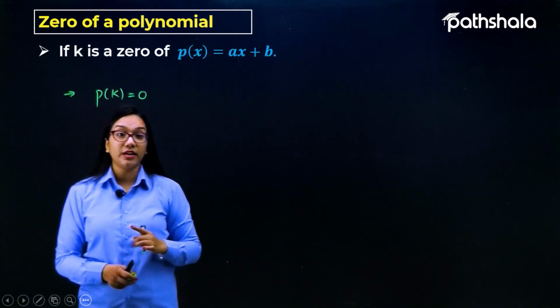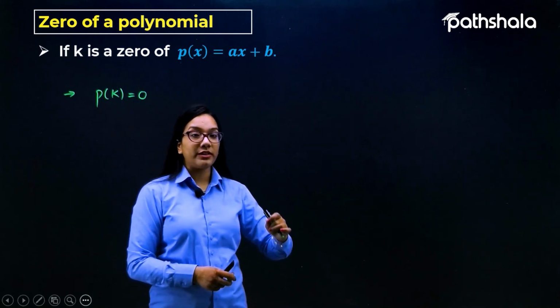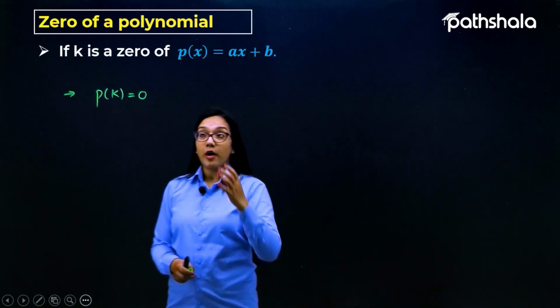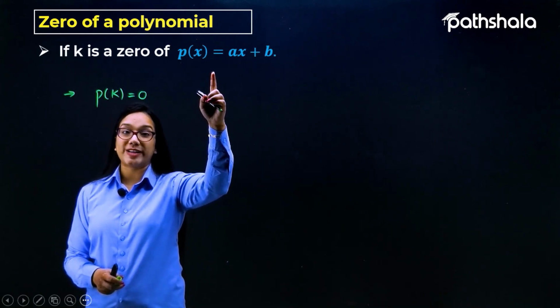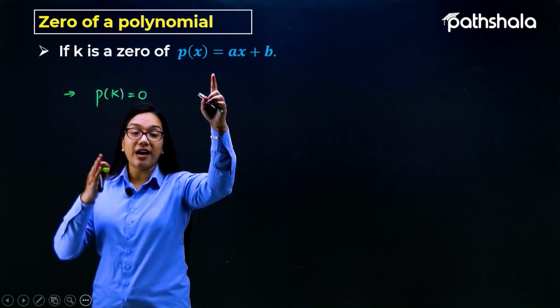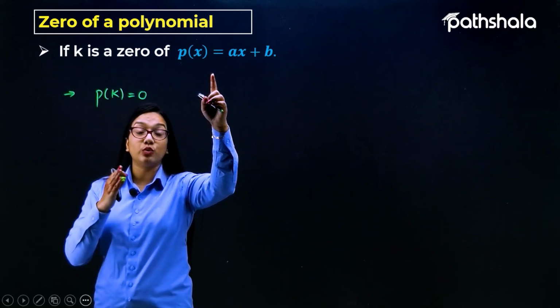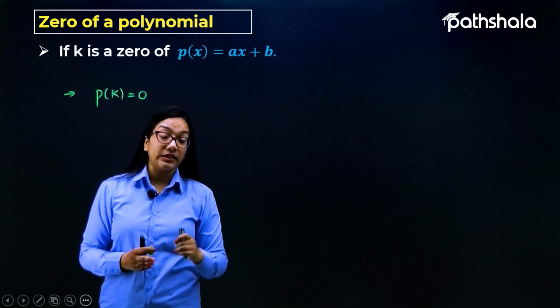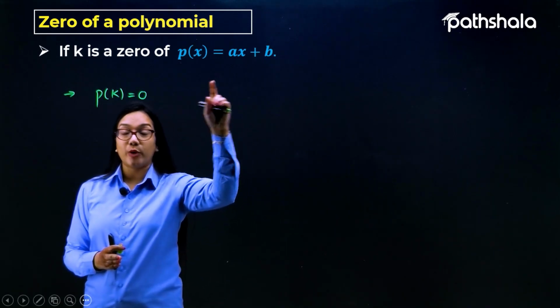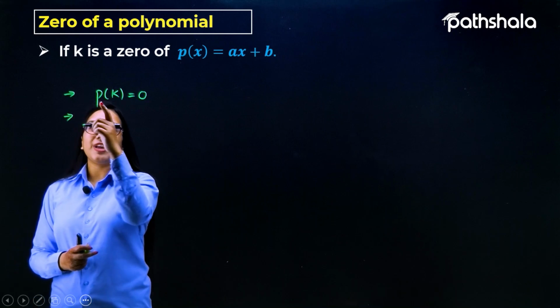If k is the zero of the polynomial, then p of k should be equal to 0, but it is given that p of x is equal to ax plus b. It means we have to substitute x as k in this linear polynomial, so we can write p of k is equal to 0.